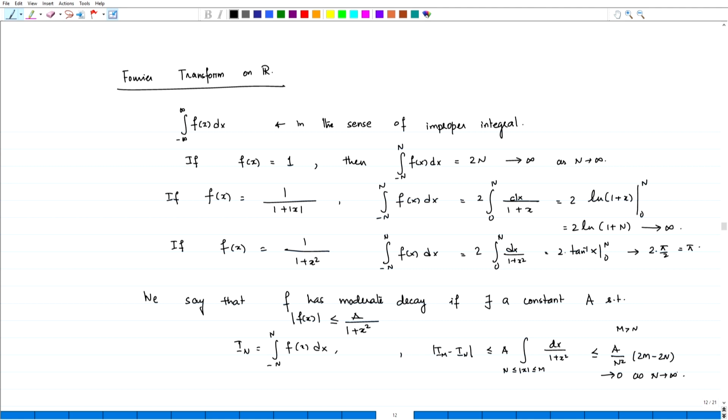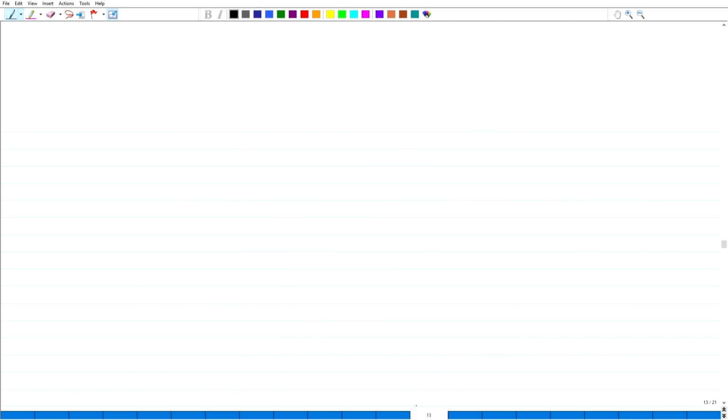So, therefore, I n being a Cauchy sequence converges in R. This is for f from R to R.